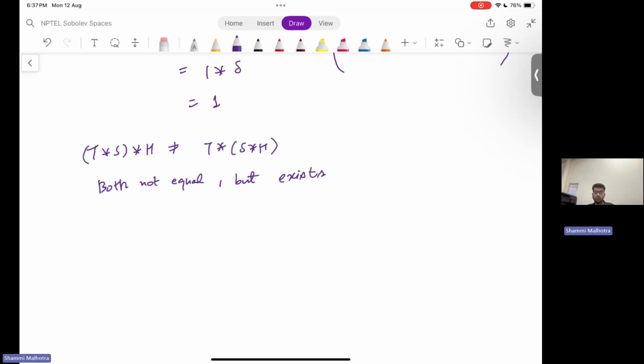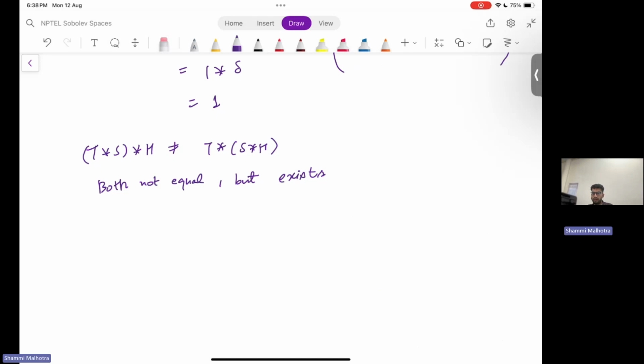If we have some arbitrary distributions T and S, it may not be the case that T's convolution with S is well defined, but we have a situation that the derivative of one distribution convolved with the other, T dash convolution S or T convolution S dash, may be defined.